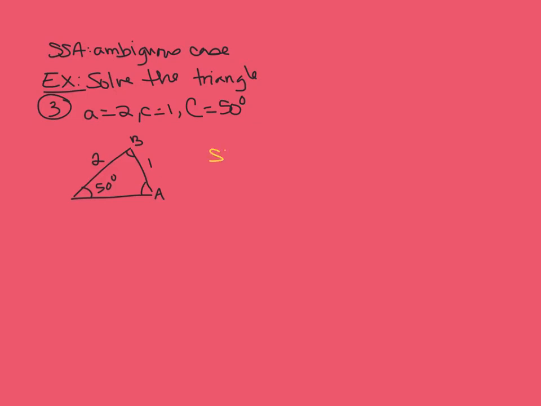So when you set this up, you should get sine of 50 over 1 is equal to sine of A over 2. If you work this out, you get 2 sine of 50 is equal to sine of A. And I ended up getting 1.532 is equal to sine of A. So you might not realize it right now, but this is a bad sign.